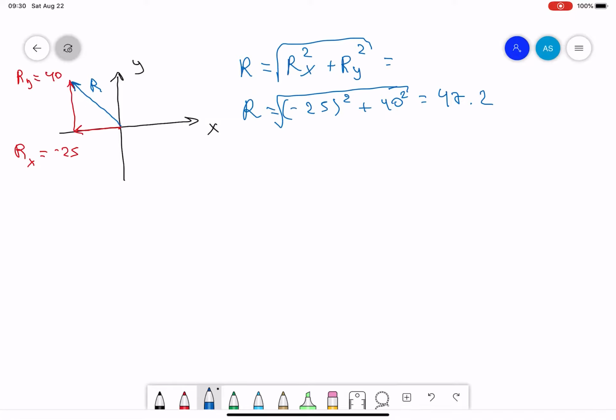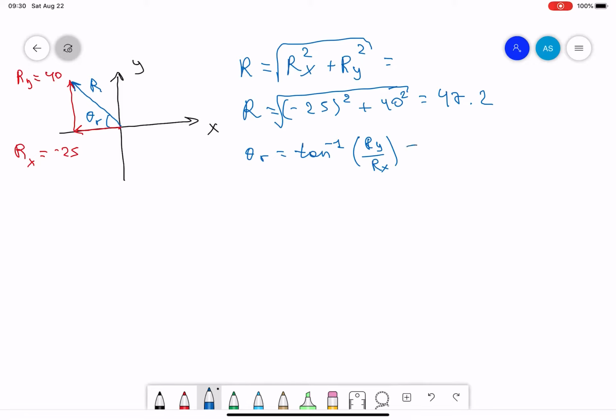Okay, now how can you find the angle? The angle, which is this one, let's call this the reference angle, theta r. This theta r can be found by inverse tangent of ry divided by rx.